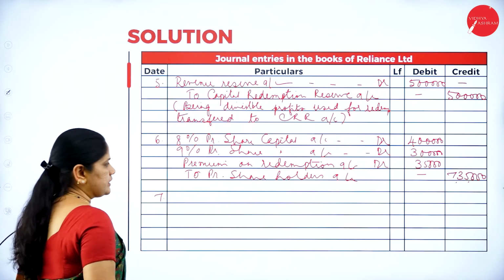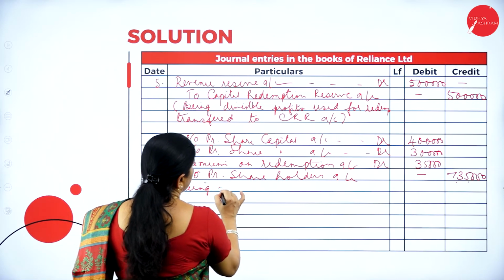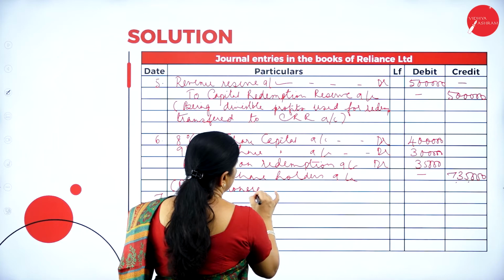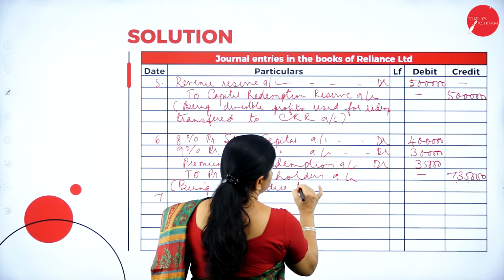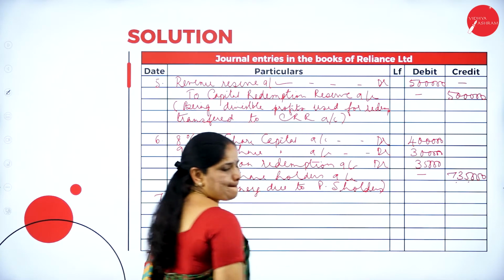Now the last entry will be, so this is being money due to preference shareholders. Okay.